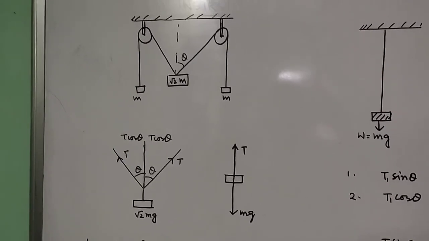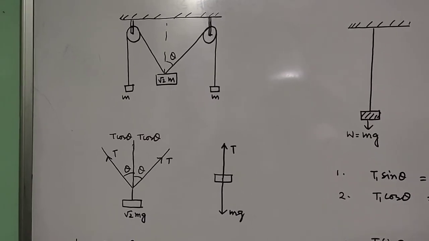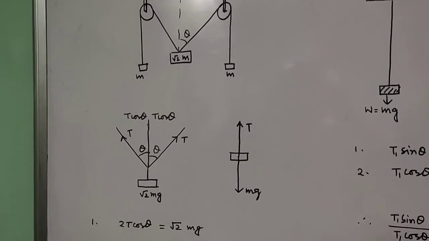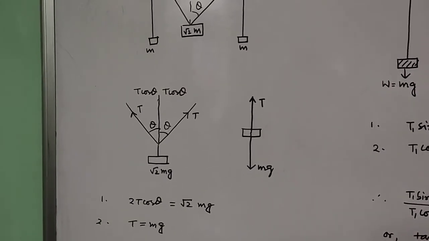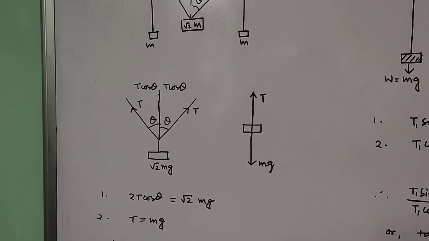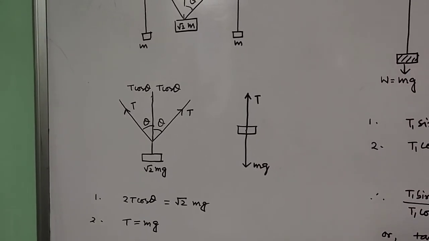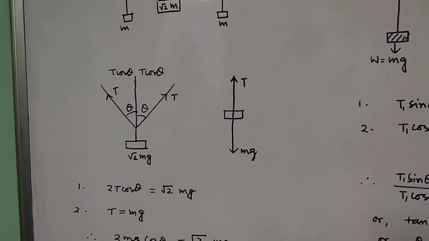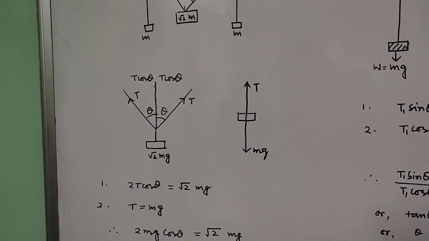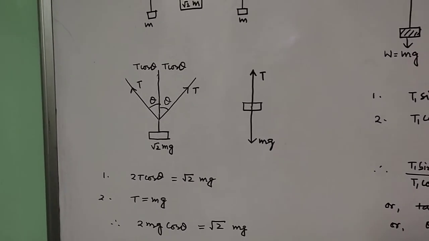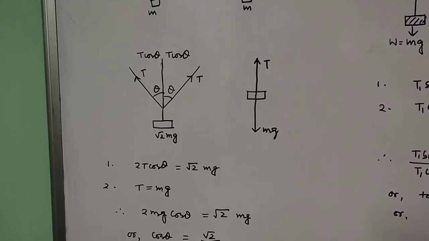So considering these two figures from the single figure, you do have two equations. One is 2T cos theta equal to root 2 mg if the system is in equilibrium, and you do have T equal to mg. So if you simplify equations 1 and 2, you will get the angle theta.